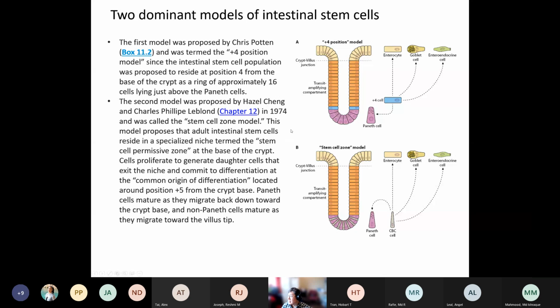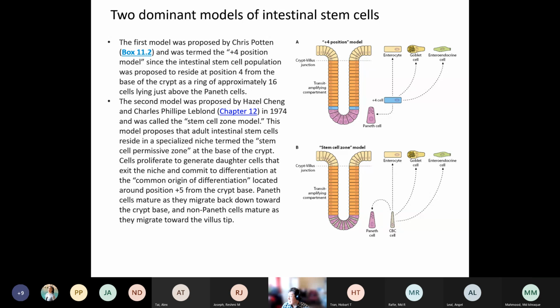And later on in 1974, two scientists, Hazel Cheng and Charles Leblanc, proposed another model called the stem cell zone model. In that model, they consider that at the bottom of the crypt, you have not only the Paneth cell, but a stem cell which is morphologically distinctive from the Paneth cell.